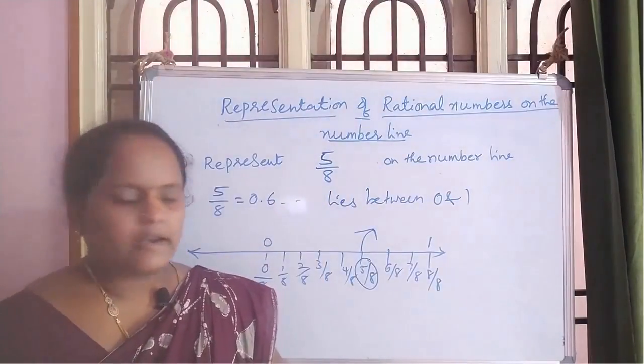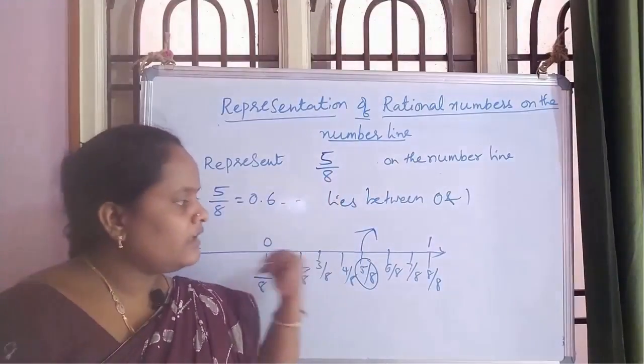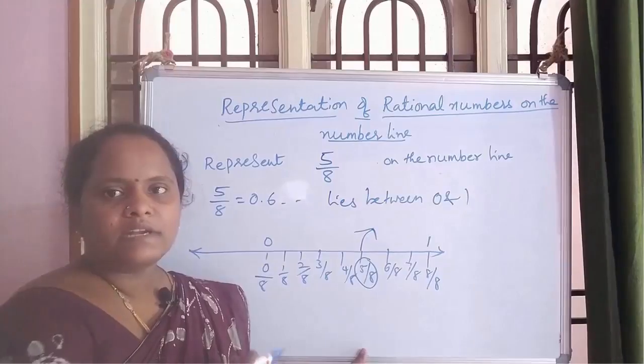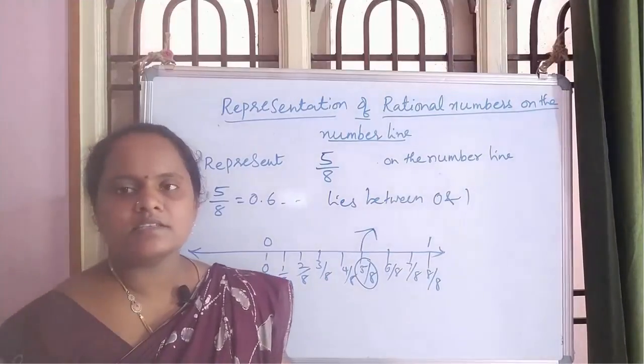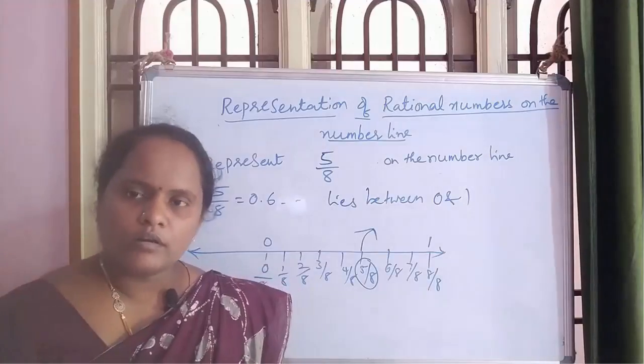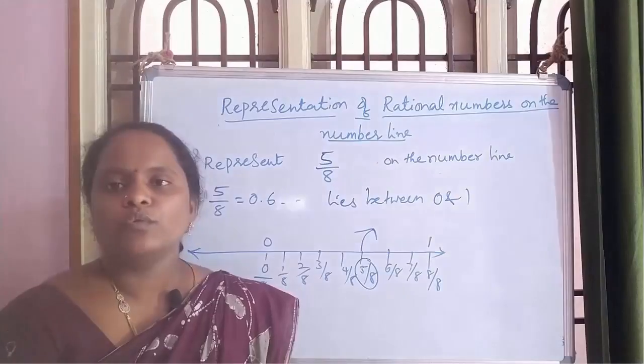If I take 100 instead of 8, I will get 99 rational numbers. If I take 1000, I will get 999 rational numbers in between 0 and 1. So if I increase the denominator more, I get more and more rational numbers in between any two integers.